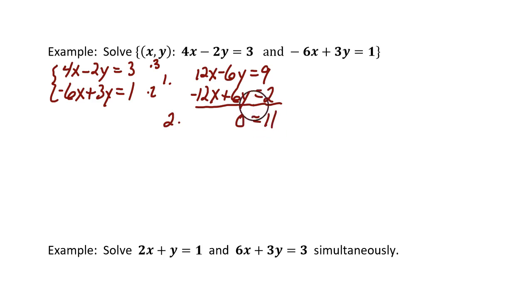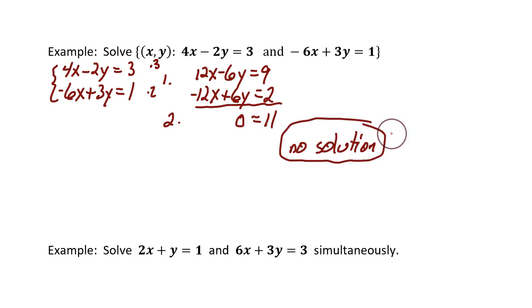There are no numbers that you could substitute for x and y and ever make 0 equal to 11. This is one of the problems where there is no solution. The lines must have been parallel. So our answer is no solution. Or to save time, you could put the empty set symbol.